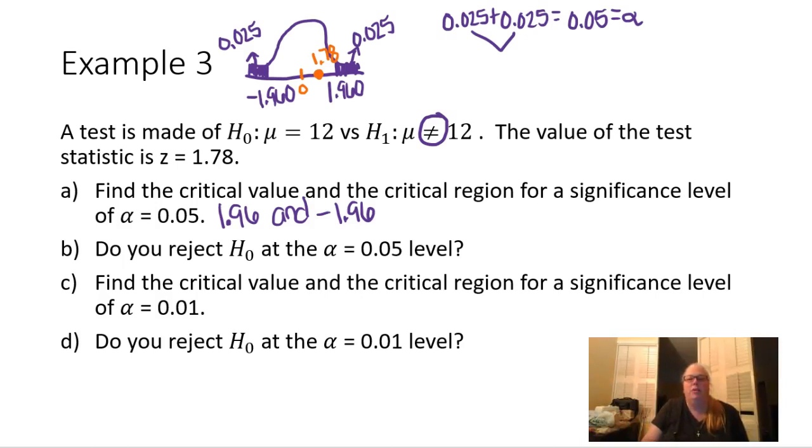Now, because it falls in the white shaded region, we are not going to reject. Do not reject the null hypothesis because the test statistic 1.78 is actually less than our critical value 1.96.